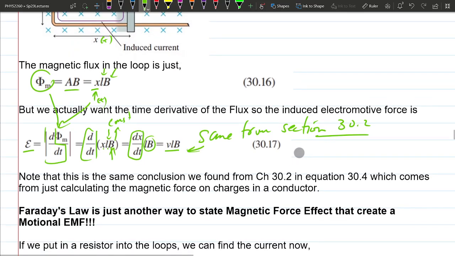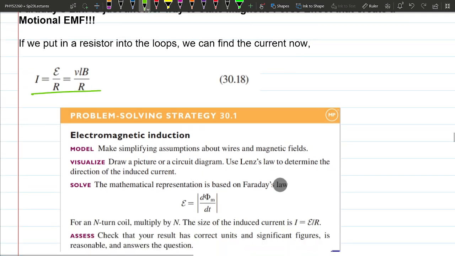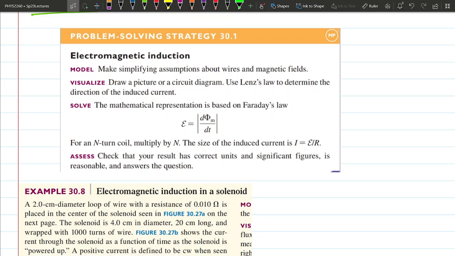So Faraday's law is just a way to generalize the analysis of this type of induced current when you're increasing the magnetic flux of something or decreasing it, which will do the same thing. If we put a little resistor in the loop, we can also calculate the current just as we did before. The idea of solving these types of problems is that you want to figure out what the function of magnetic flux is.